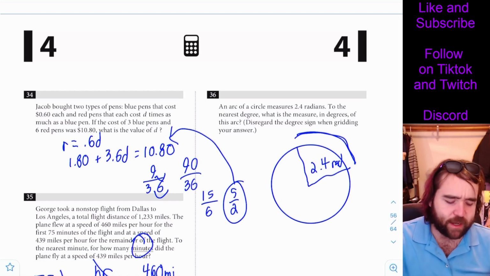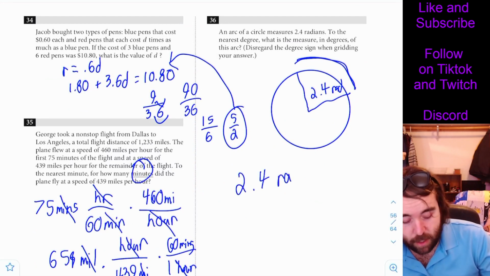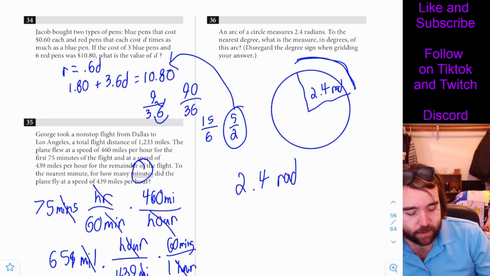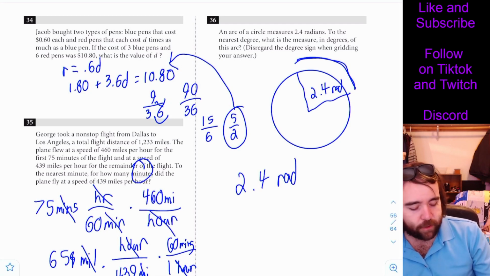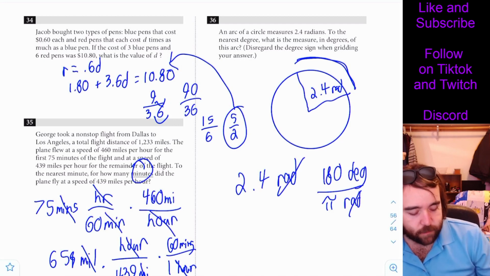Oh, so this is just radians to degrees. So this conversion is on the front of the test. It's also probably in NumWorks. Almost definitely in NumWorks. But you just do it by hand. If we have 2.4 radians, we need to know that there are pi radians in 180 degrees. So now we've canceled out the radians. We're in degrees.